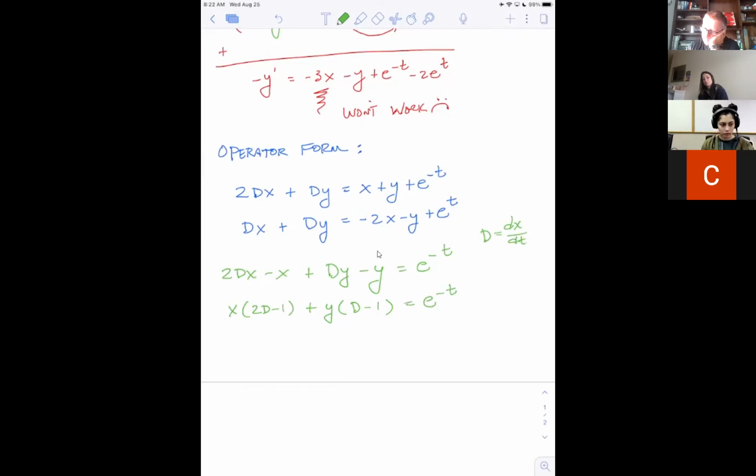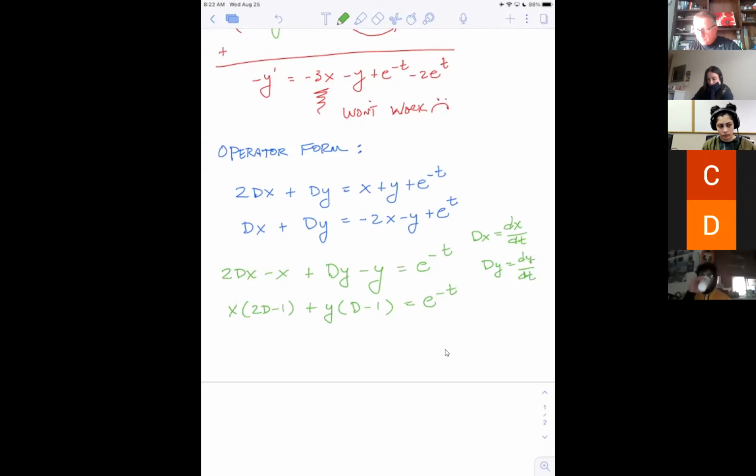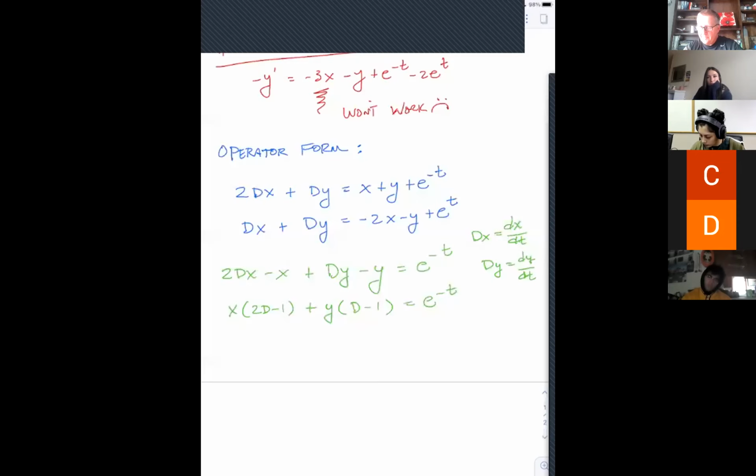And actually, I should say dx is dx dt because dy would be dy dt. So my point is nothing fancy has happened here. I haven't done anything earth shaking, just writing it in kind of a second. Cool, so that's kind of like my first equation here.